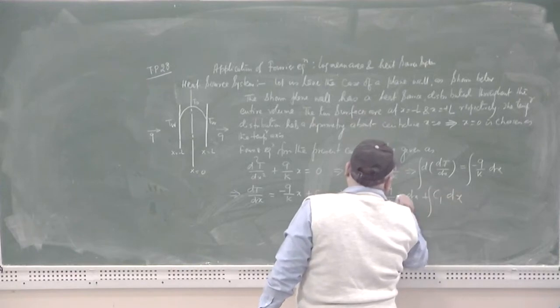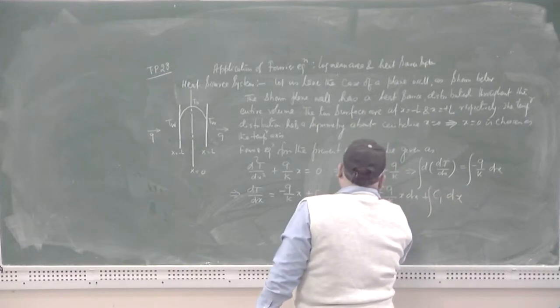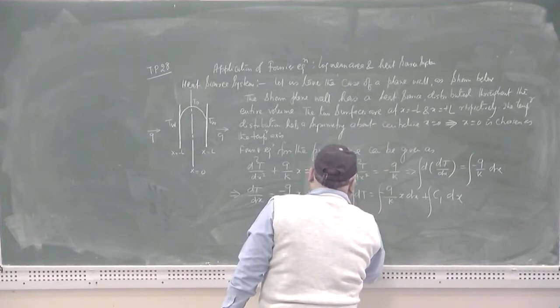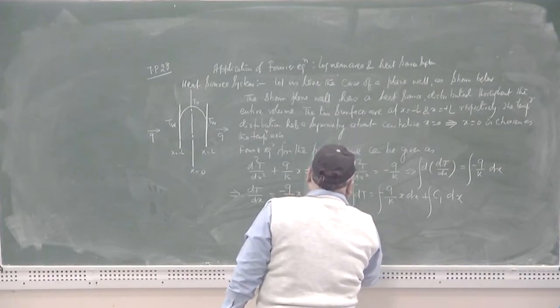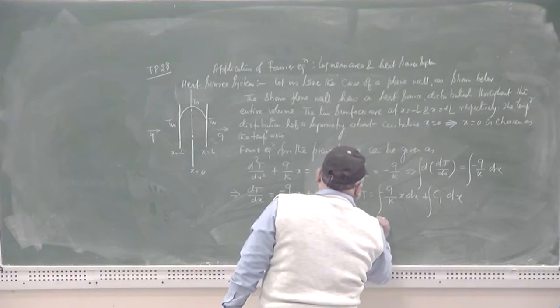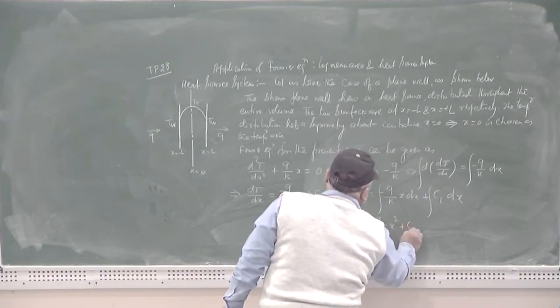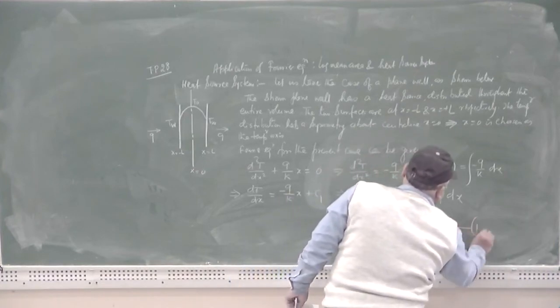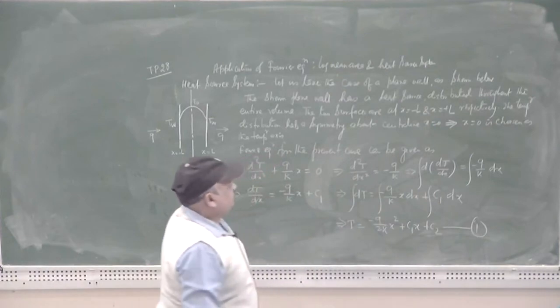Integrating this equation again to arrive at the temperature profile in the system, after integration you will arrive at T equal to minus q upon 2k x square plus C1 x plus C2. Let it be equation number 1.